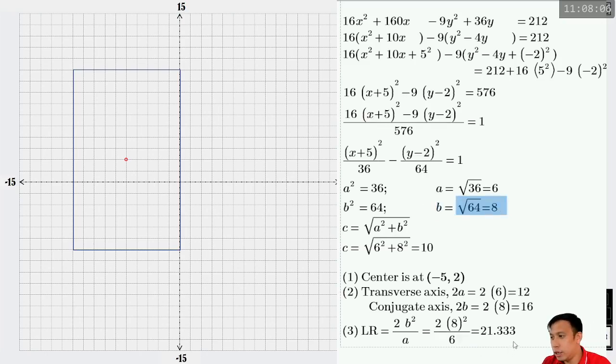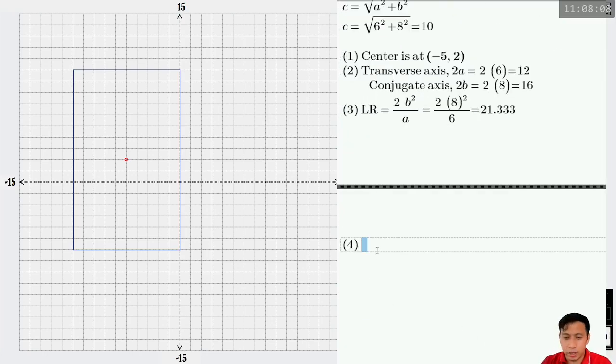So you should make a 12 by 16 rectangle. Why 12? Because it is 2a. 1, 2, 3, 4, 5, we need 6 here.